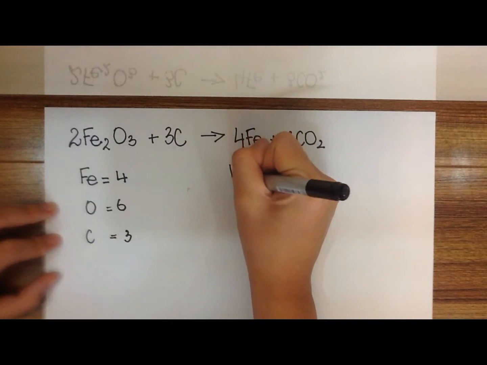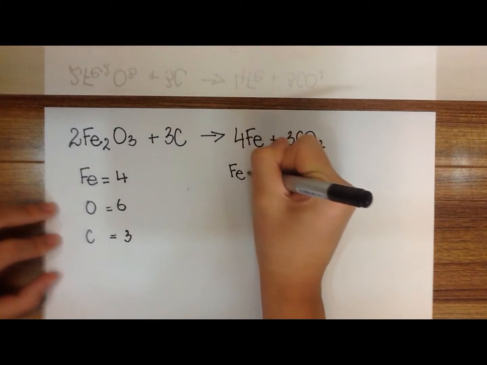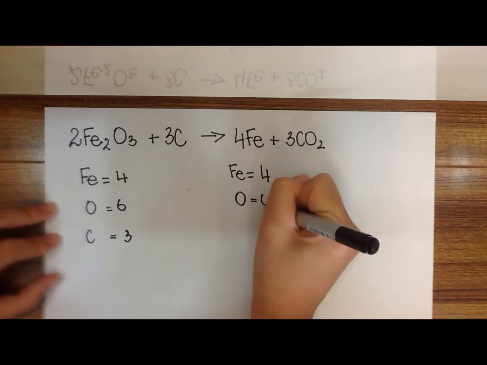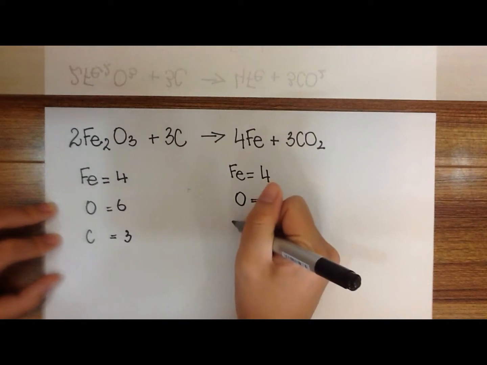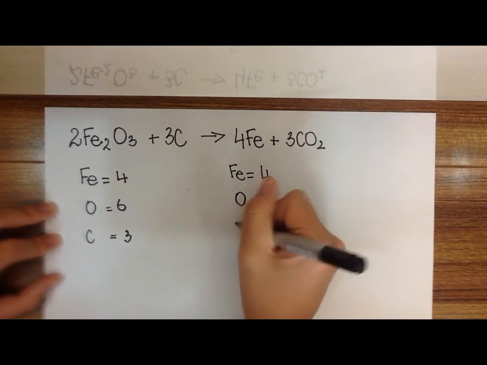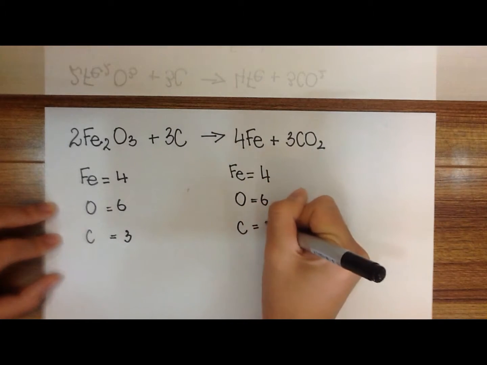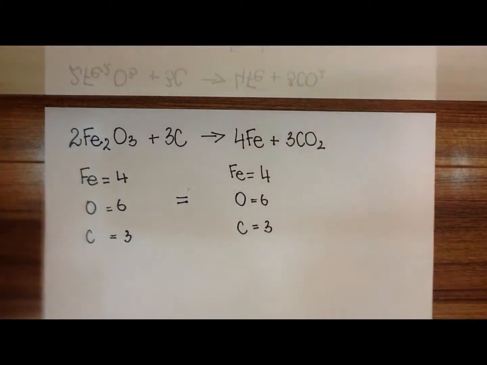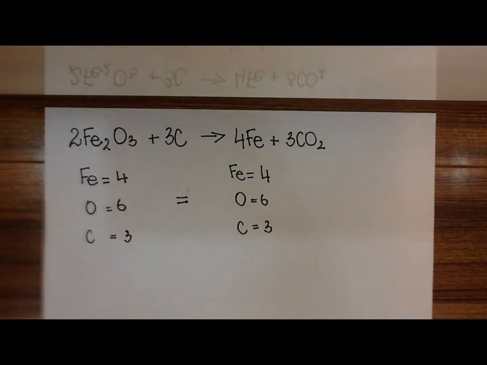And this side we also have 4 Fe, 6O, 2 times 3, or 3 times 2, 3C. This chemical reaction is balanced because of the law of conservation of mass: in a chemical reaction, atoms are neither created nor destroyed, so what goes in must come out.